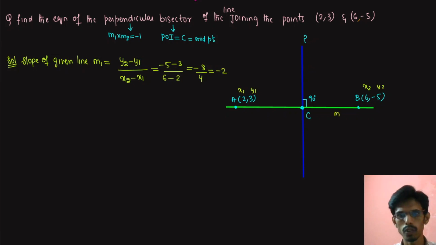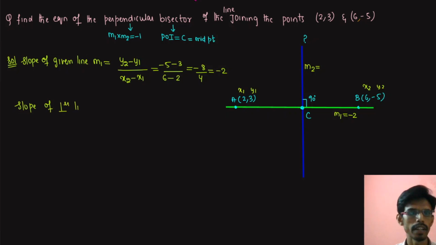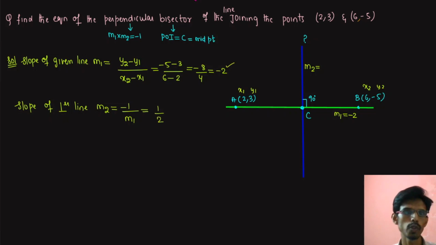So this line has slope m1 = -2. Now we want the slope of the perpendicular line, let us take it as m2, that will be -1/m1. So this will become 1/2, the reciprocal of this slope with opposite sign. So we got the m2 value as +1/2.